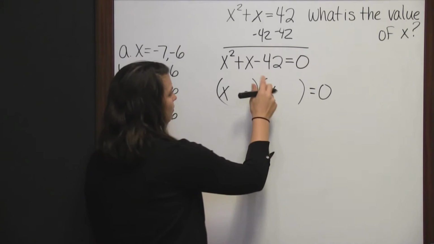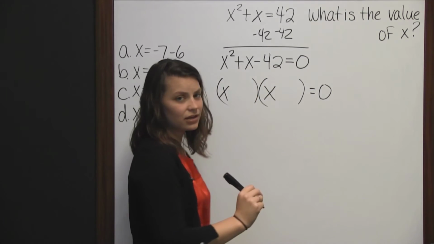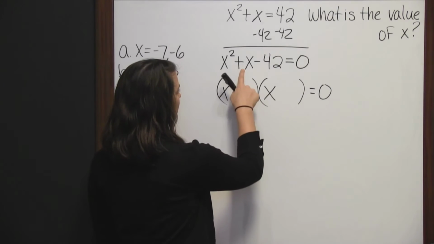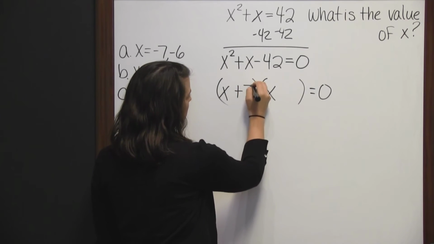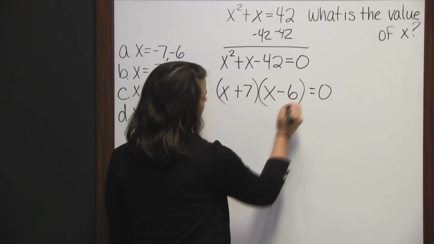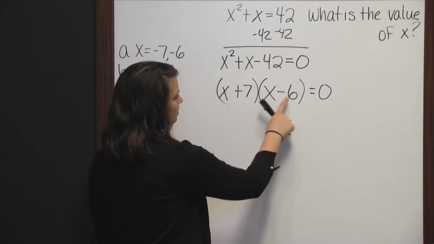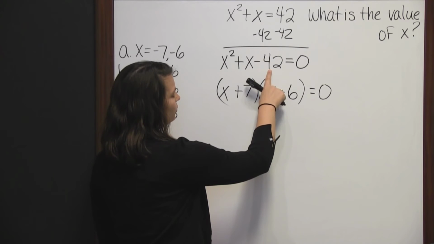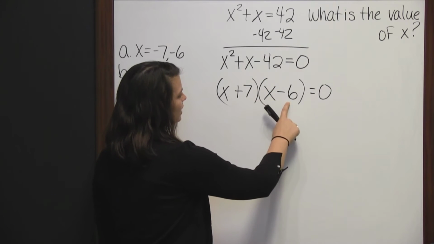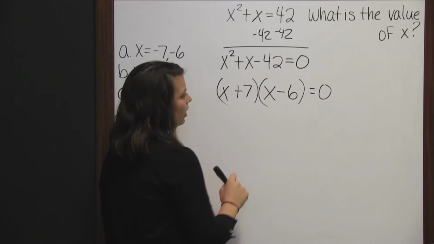The two numbers are 7 and negative 6. 7 times negative 6 is negative 42, and 7 plus negative 6 is a positive 1.